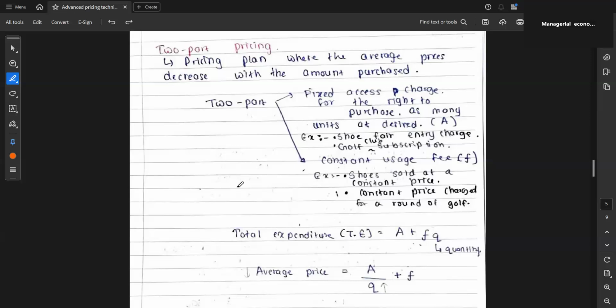So when the quantity increases, the average price reduces. So it is a pricing plan where the average prices decrease with the amount purchased. So when the quantity increases, the average price charged decreases.